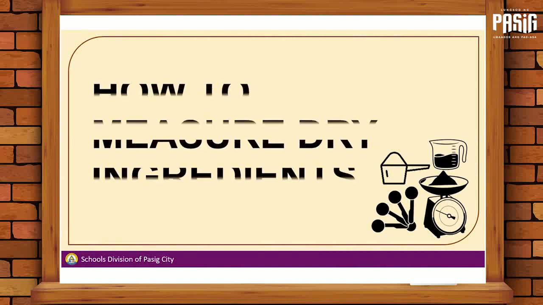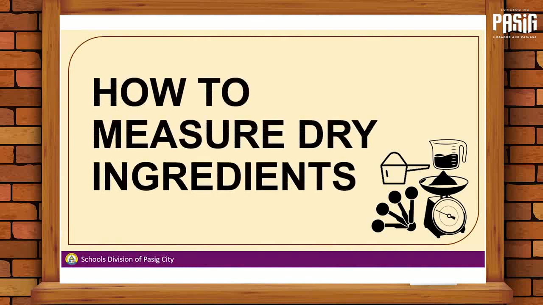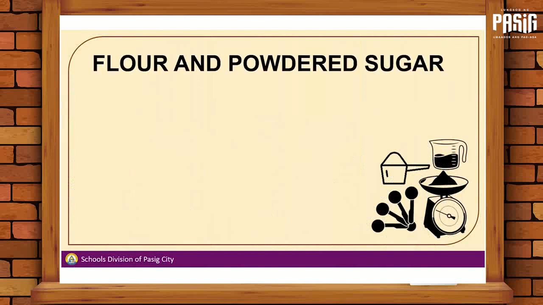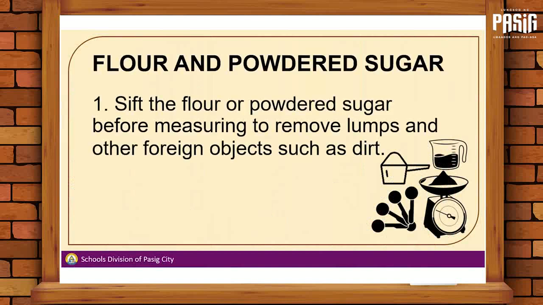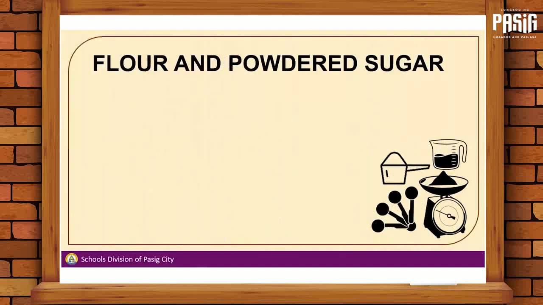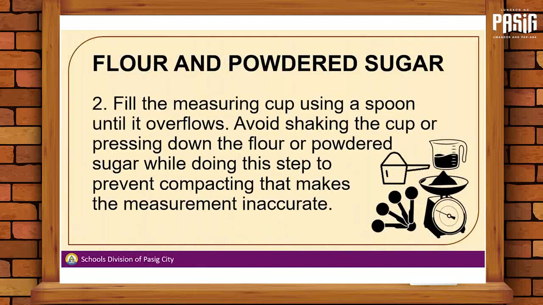Here are the steps on how to measure dry ingredients. For flour and powdered sugar, 1. Sift the flour or powdered sugar before measuring to remove lumps and other foreign objects such as dirt. Number 2. Fill the measuring cup using a spoon until it overflows.